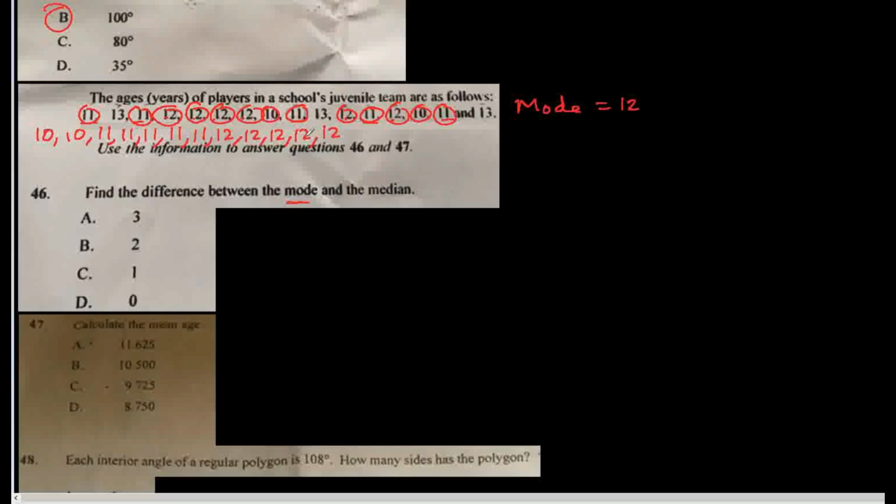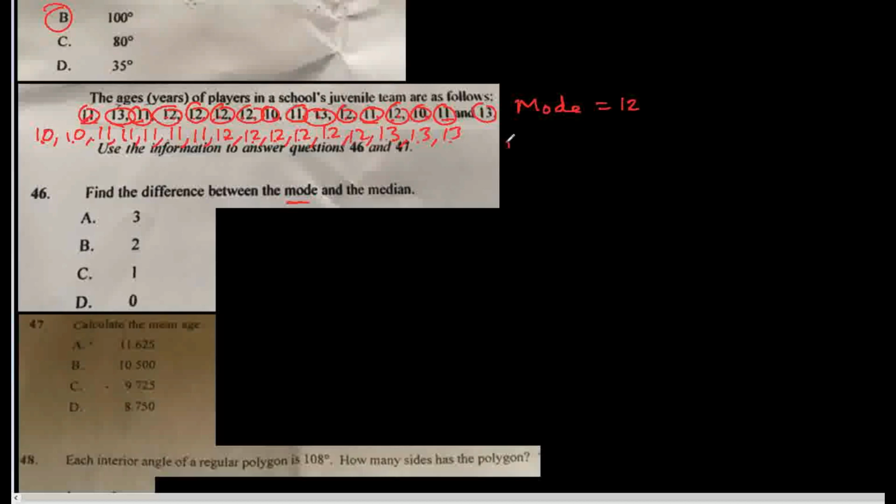And then we have 3 13s. Okay. So how many are there? 1, 2, 3, 4, 5, 6, 7, 8, 9, 10, 11, 12, 13, 14, 15, 16.